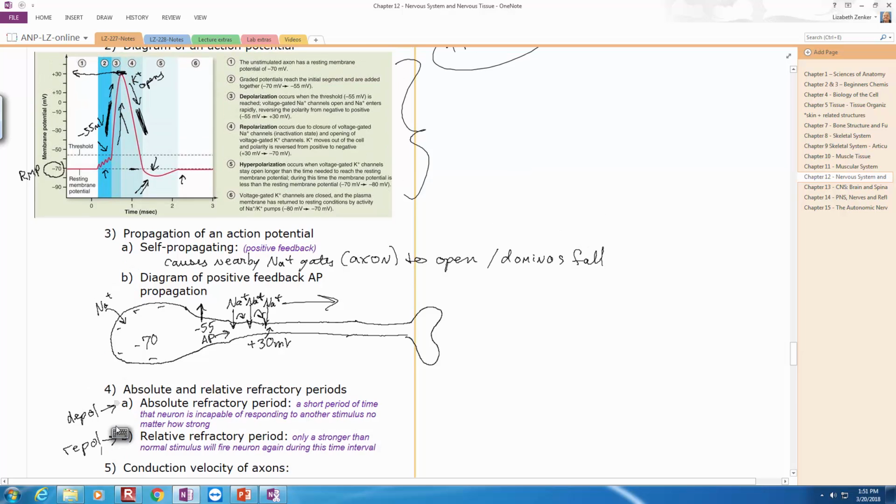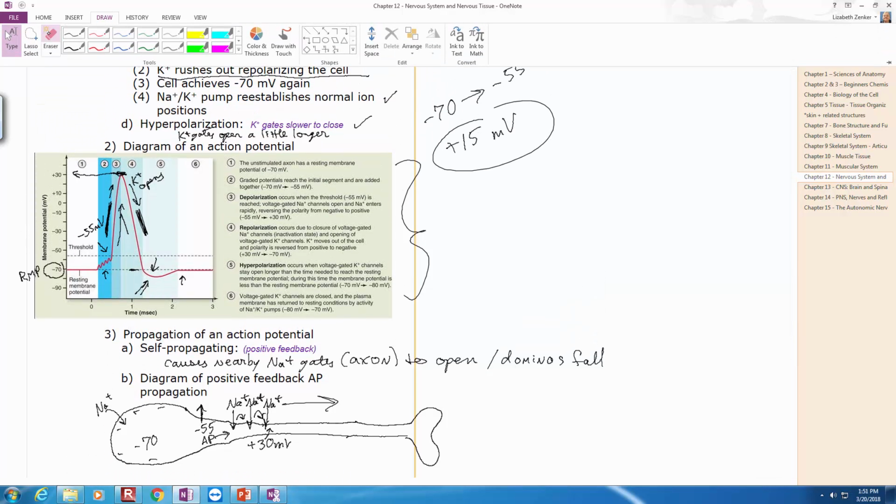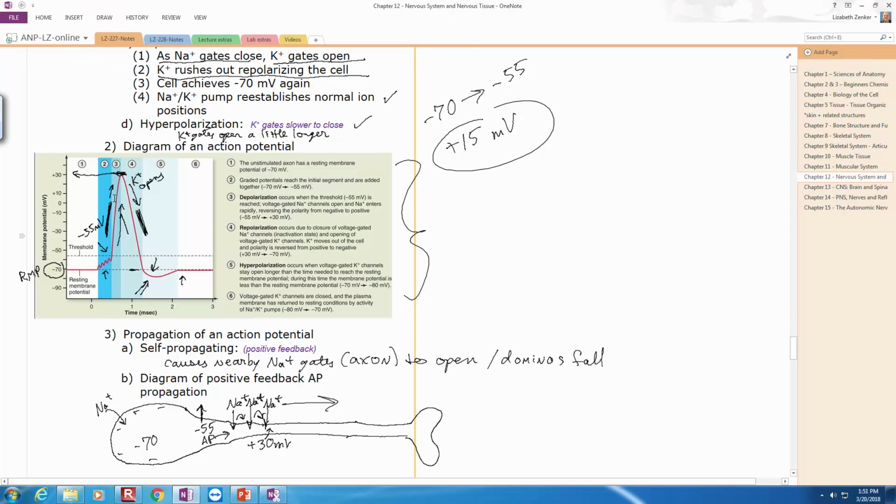Okay, so if we look back at this picture here, I'm going to erase some of the things that I drew on it already. All right, so if we're looking at this picture, when do you think depolarization is occurring? Depolarization, where it doesn't matter what you do. If you already got an action potential, it's already happened, right?